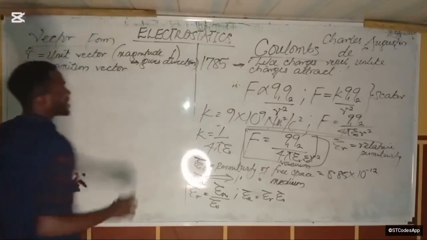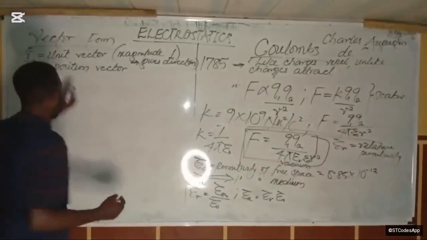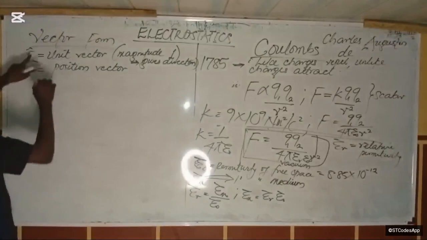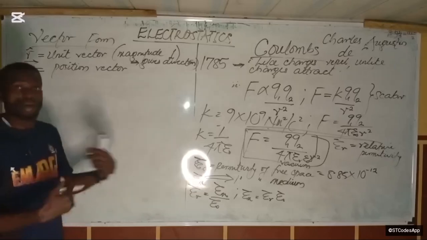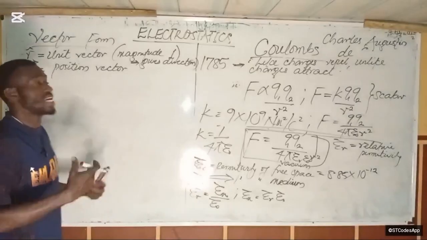The value in magnitude is actually 1. So if I use R cap, or caret, to multiply anything, it is the same as multiplying that thing by 1. Does that make sense? Only that now it shows a particular direction.